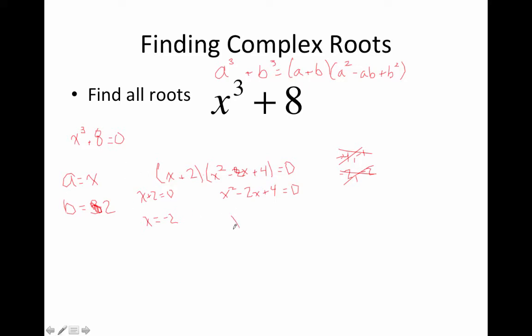All right, so let's use the quadratic formula. x equals negative b plus or minus the square root of b squared minus 4ac, all over 2a. And since I already have the equation set equal to 0, I can make a be 1, b is negative 2, and c is positive 4. So now I have negative 2 squared plus or minus, whoops, not negative 2 squared.